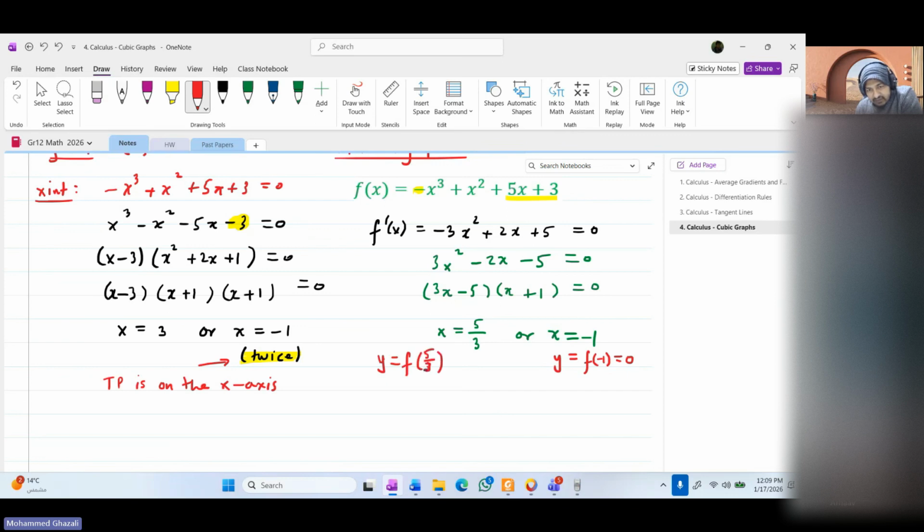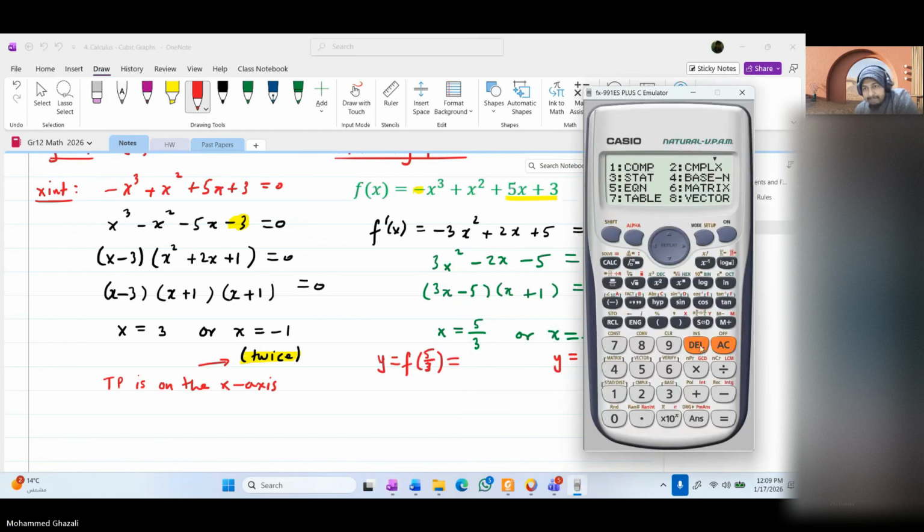So I need to substitute 5 over 3 into the original equation. So negative, into 5 over 3 to the power 3, cubed, plus 5 over 3 to the power 2, plus 5 times 5 over 3, plus 3.